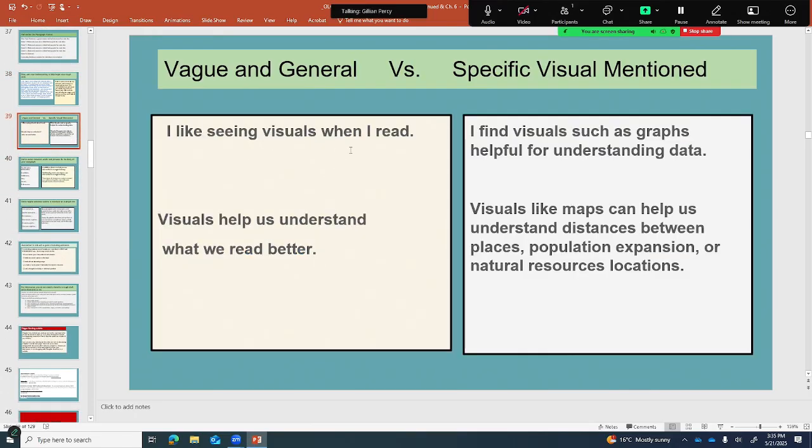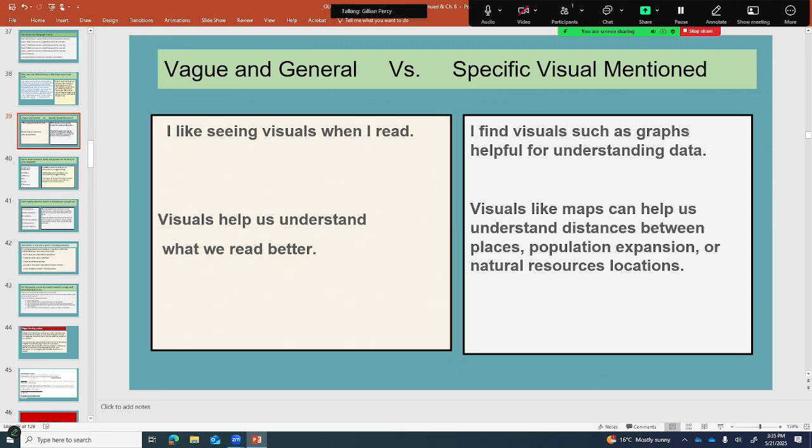So if you aren't sure what I mean by vague and general, it's things like, I like seeing visuals when I read. Like, what kind of visuals? Why? What's the reason? Visuals help us understand what we read better. Really? How? How do they help us understand? What type of reading? Okay. Here I'm getting more specific.